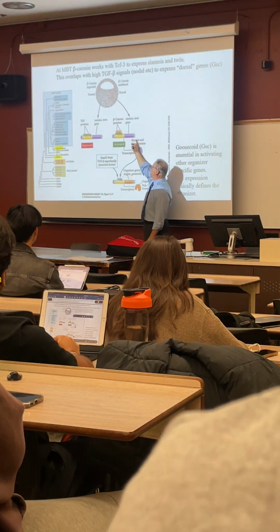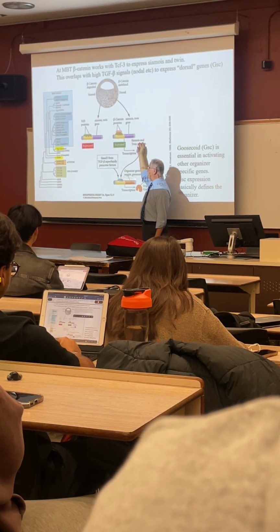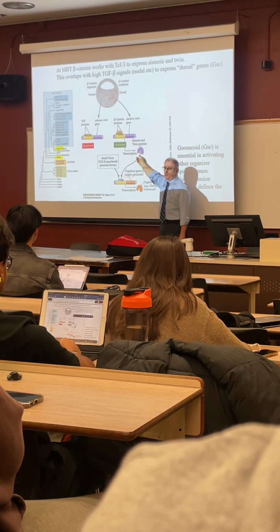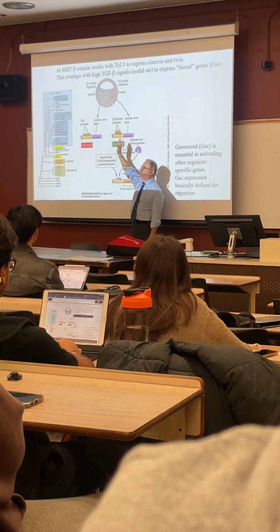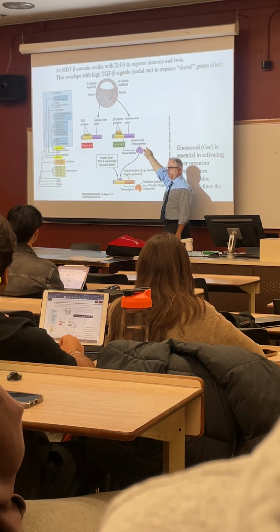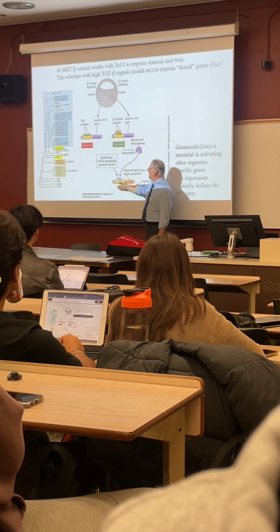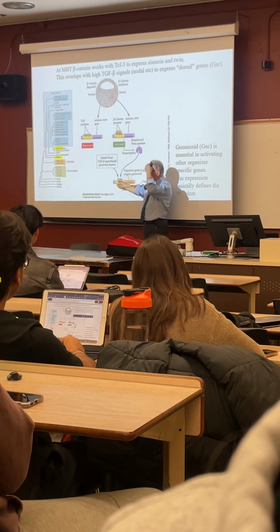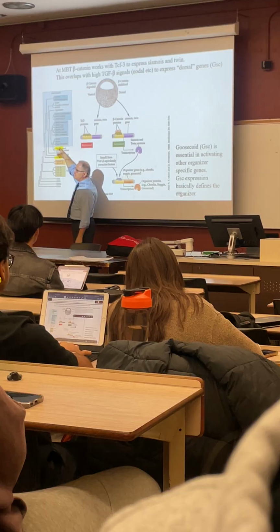You can do the same thing with Siamois and Twin. They will form the dorsal axis because they are the first step down in beta-catenin signaling. So beta-catenin is going to turn on Siamois and Twin. Siamois and Twin are then going to be working with the other superfamily molecules, mainly nodal and Vg1.